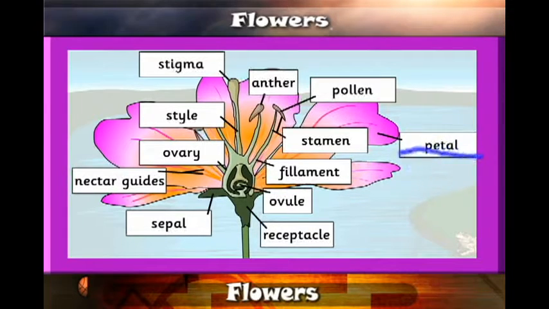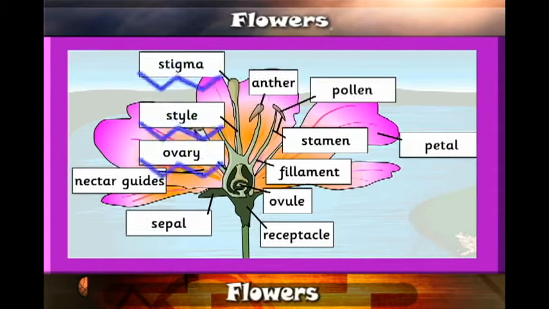Petals are the ones that form the corolla, and it's made up of stamens. Stamens are the ones that form the androecium, and we know that the androecium is the male part of the flower. And then we have the carpels. Carpels, those ones form the gynoecium. Gynoecium, this is the female part of the flower.